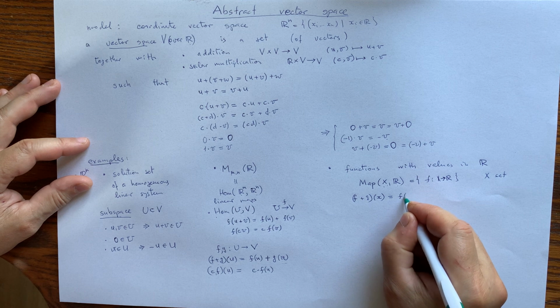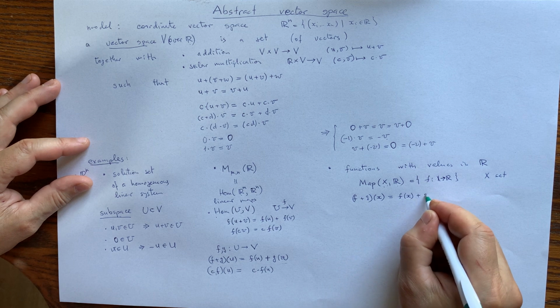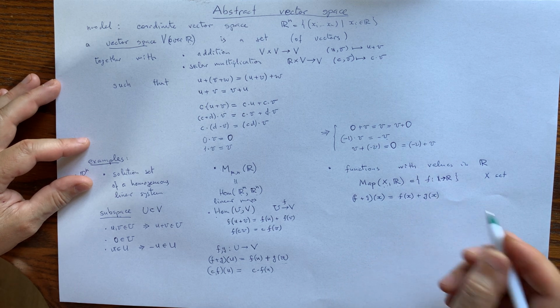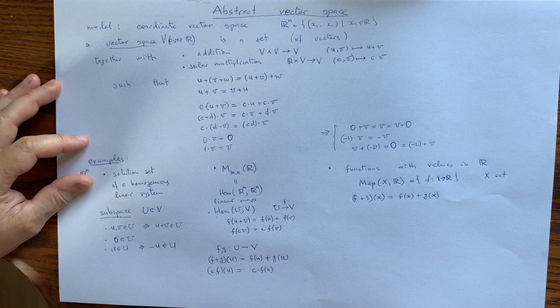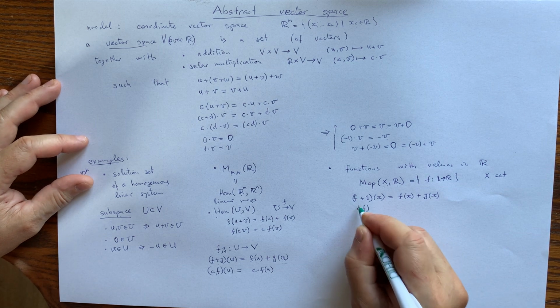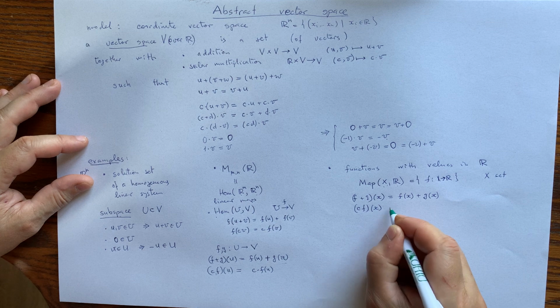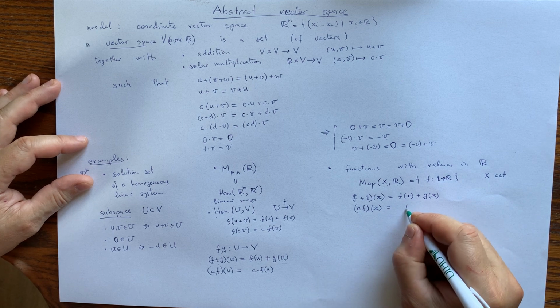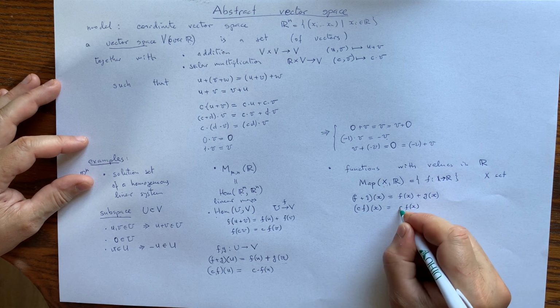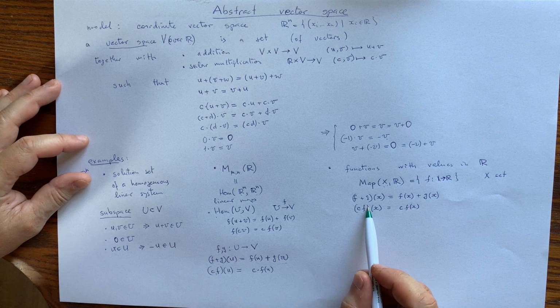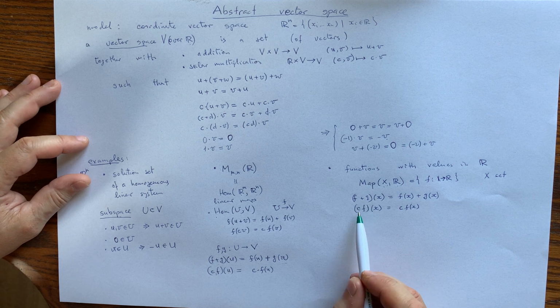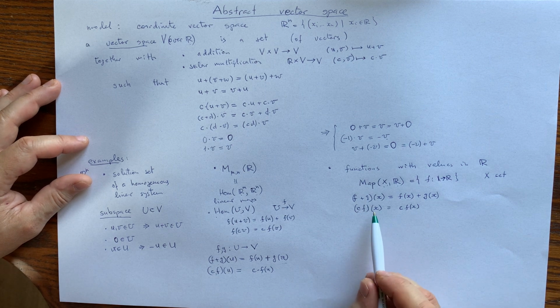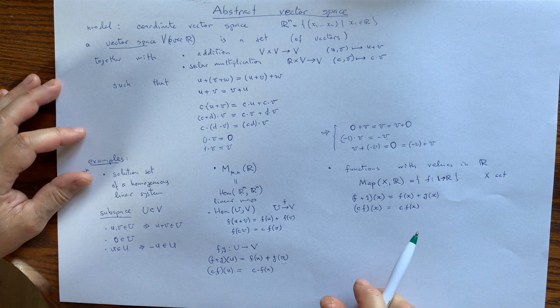And this pointwise addition, as it is called, is still working pretty well. And pointwise scaling is what we use to define the scaling of a function. This new function, the old one scaled by a constant, is taking on an element x this value.